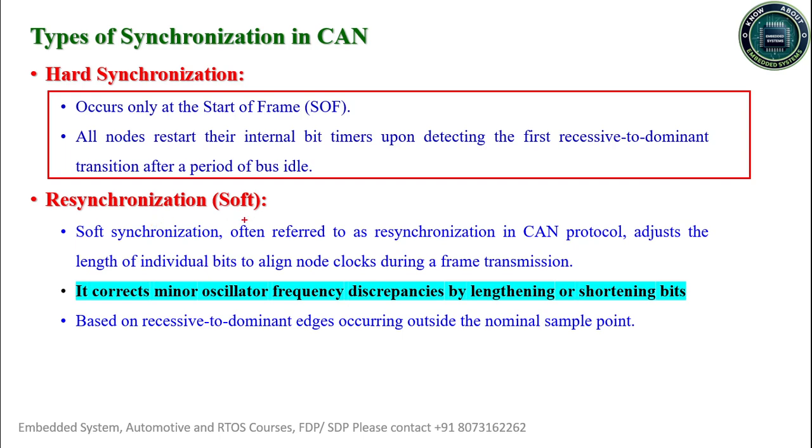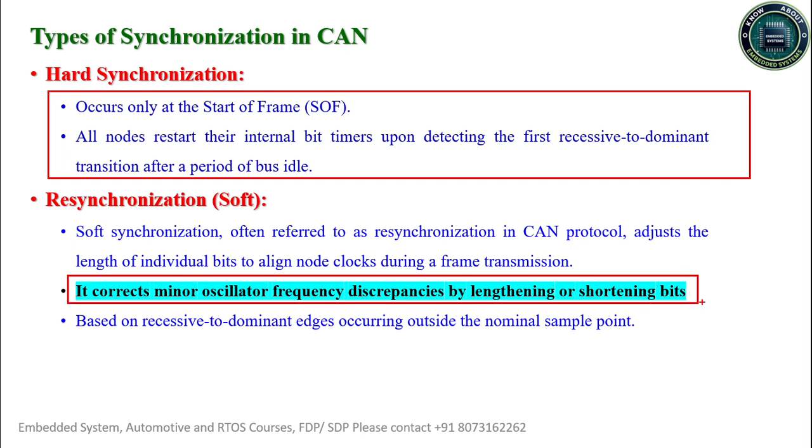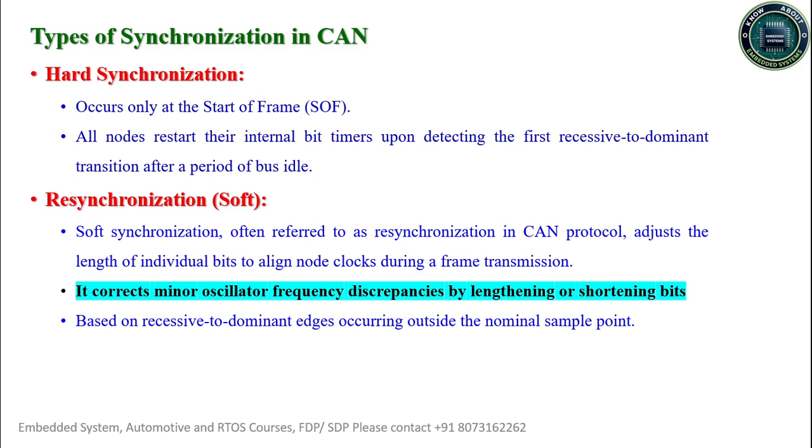With the help of this soft synchronization, we correct minor timing errors or minor timing discrepancies by lengthening or shortening the bit duration in order to achieve proper synchronization within the network. So the main agenda for bit timing is two: one is hard synchronization and the second one is soft synchronization. I hope you are clear with these two things, hard synchronization and soft synchronization.